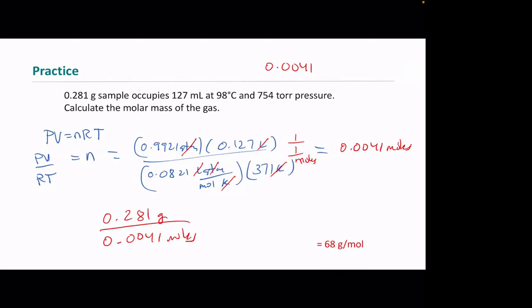So if a SmartWork question asks you the identity of the gas, it'll be one of these common and easy molar masses. Nitrogen's 28, 14 and 14. Of course, there are always organic gases that can have some of the same molar masses, but if you know it's just a simple gas in the atmosphere, you don't have to worry about that. Questions on this problem?